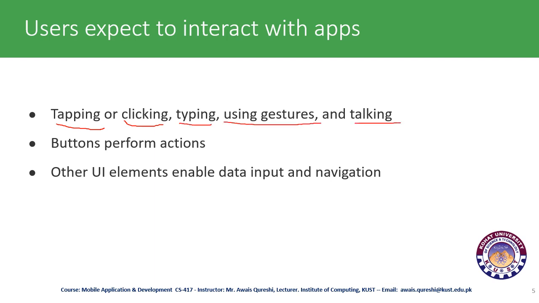So these are the ways with the help of which users interact with any app, and in this scenario buttons perform the main actions. Buttons are the main entity in an Android application that performs different actions. Other UI elements enable data input and navigation, etc.